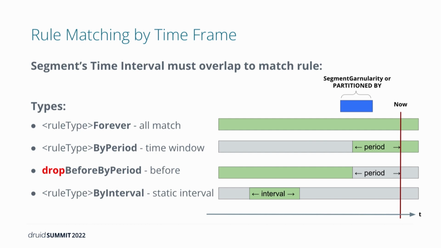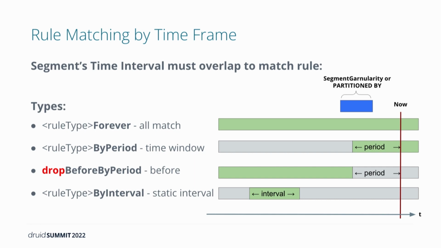Each segment covers a particular time frame. It has a start timestamp and an end timestamp, so it has this time frame that it needs to compare against a rule. In the case of a forever rule, all segments will match regardless of their time interval, right? So forever means always match.